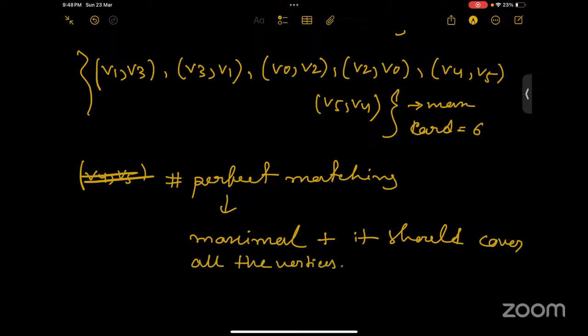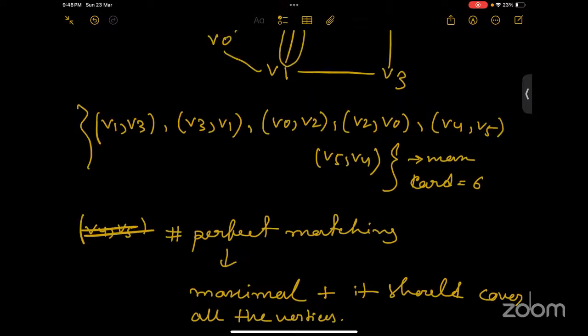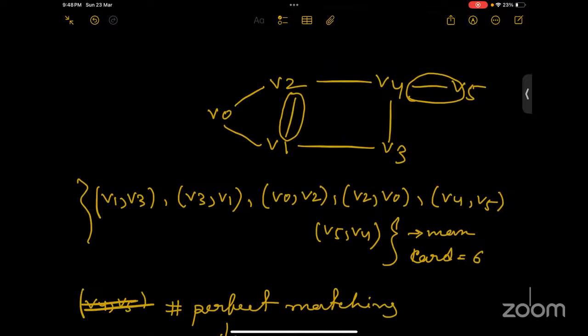If I take this example, this is a perfect matching. It is maximal and it is covering all the vertices: V0, V1, V2, V4, V3, V5, all the vertices. So this is a perfect matching. Is it okay?